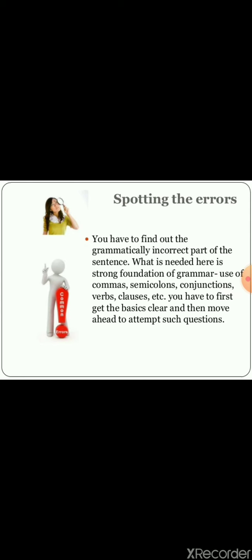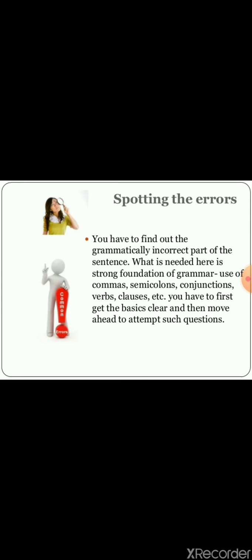So you need to spot sentences and parts which are grammatically incorrect, or erroneous, and separate the erroneous section of the sentence.